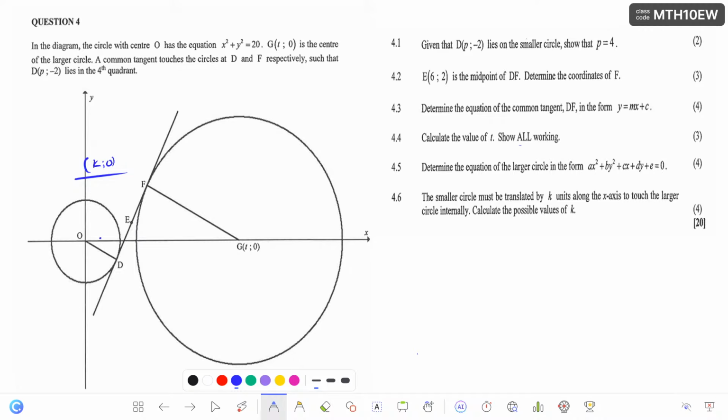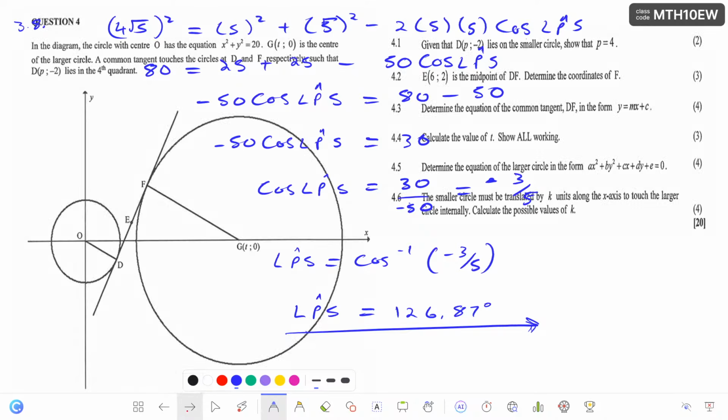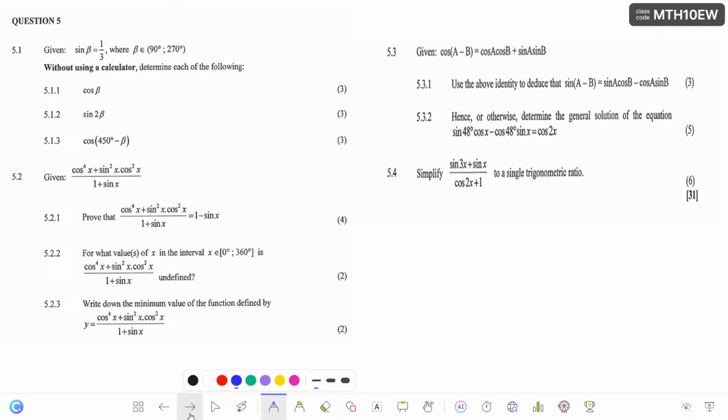The distance between these 2 points is equal to the difference of the radii. So now since we have r squared, which was 180. Yes, r squared, it was 180.